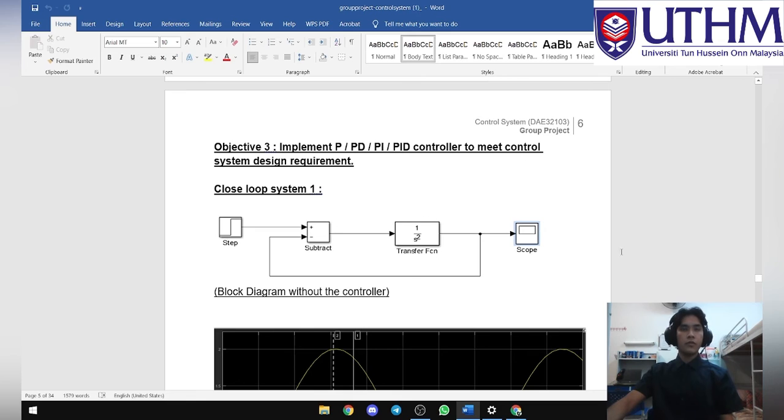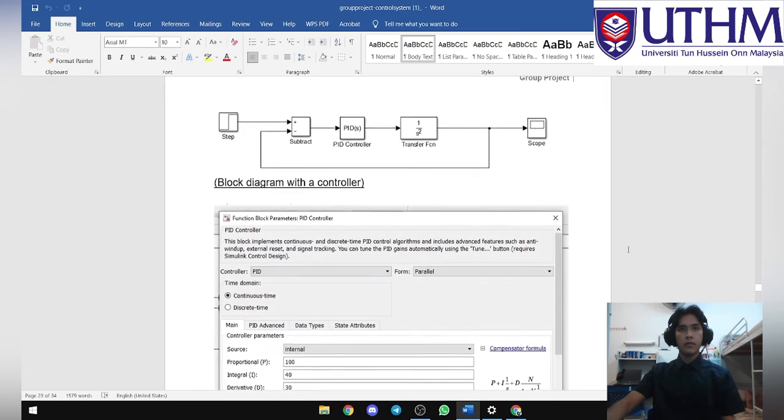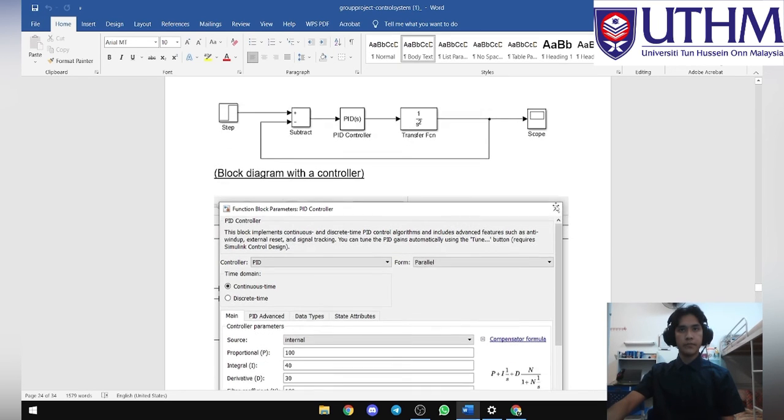This is closed loop system 1, and this is the block diagram without the controller. This is the block diagram after we add the PID controller.